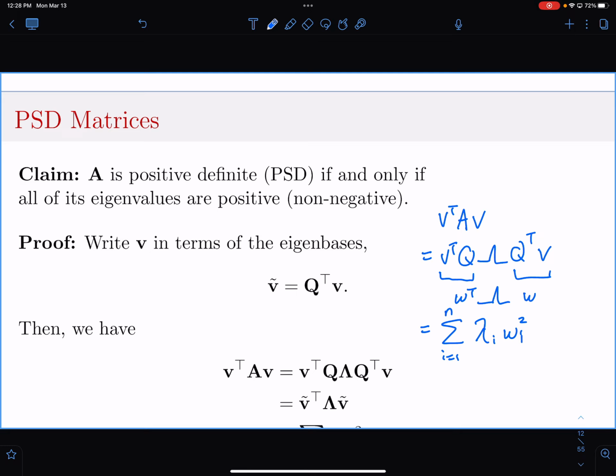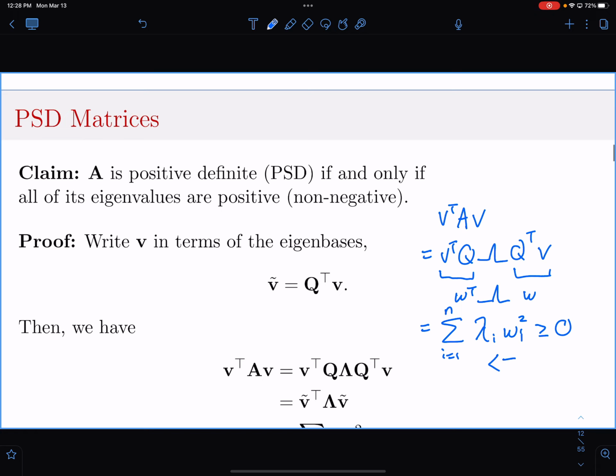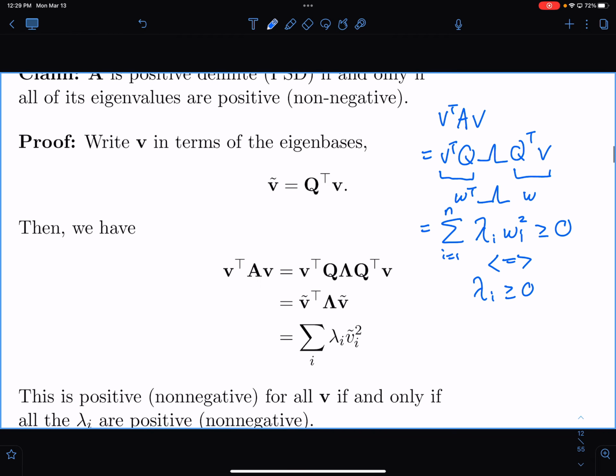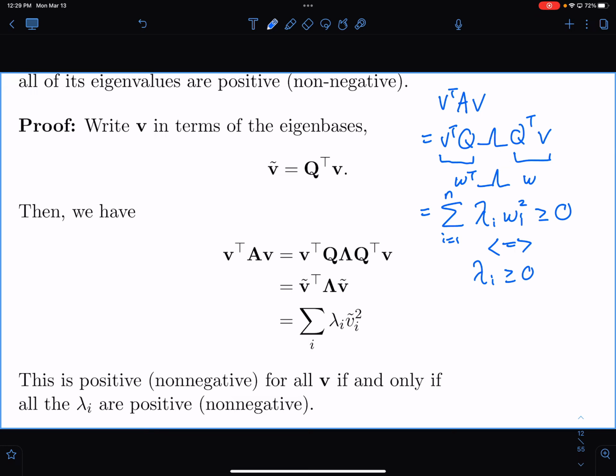Essentially what this property is saying is that if we want this entire expression to be non-negative for every possible w, then each of the lambda values has to be non-negative as well. So that's just another property for positive definite matrices. Any questions here?